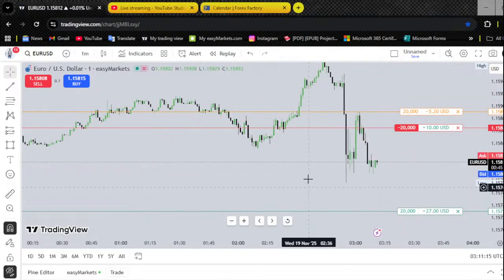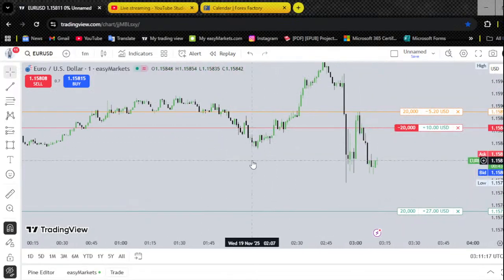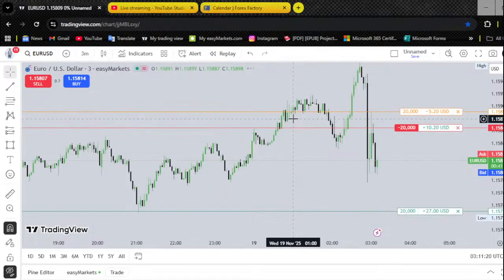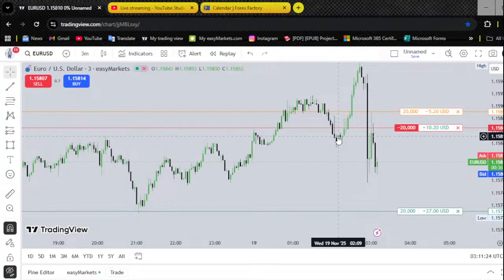We have already attacked the buy side liquidity. This is a breaker. Low, high. Let me just check in 3 minutes. High, low, high, high. Down close candle. You take this down close candle.